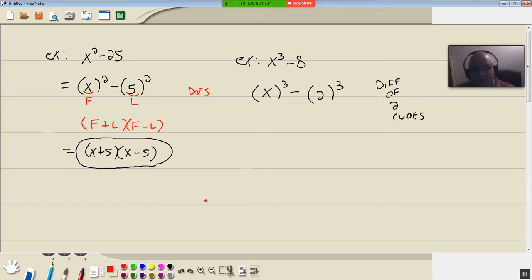And that actually works. So I'll label what's inside the first set of parentheses as F for first. I'll label what's in the last set of parentheses as L for last. And this is just a formula. It's F minus L times F squared plus FL plus L squared.